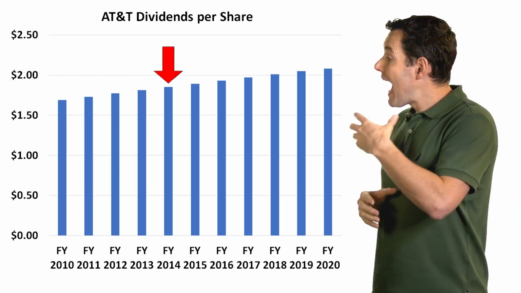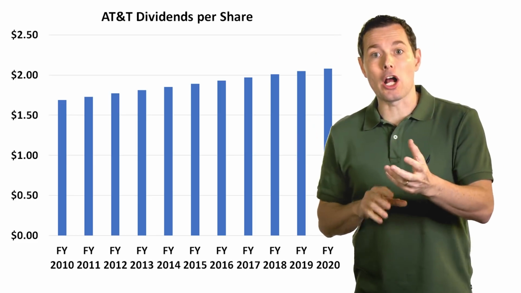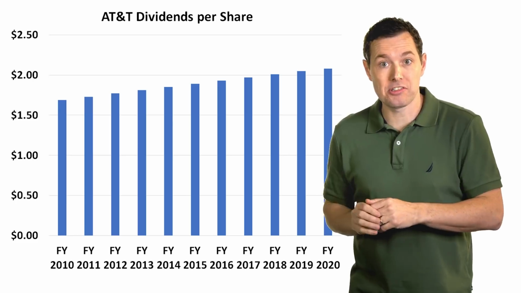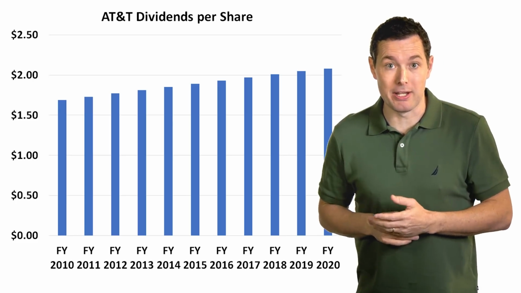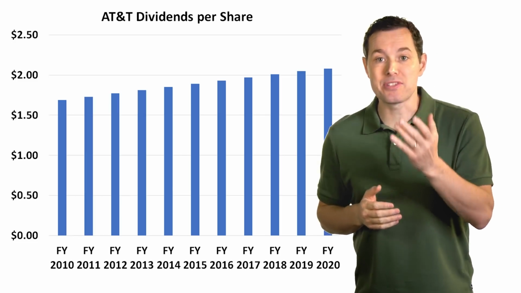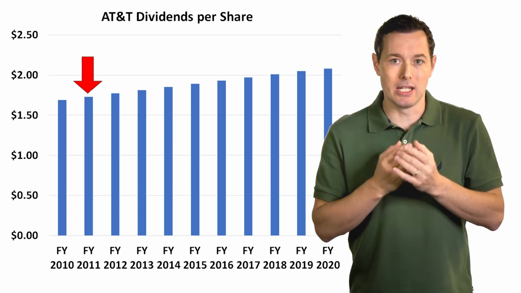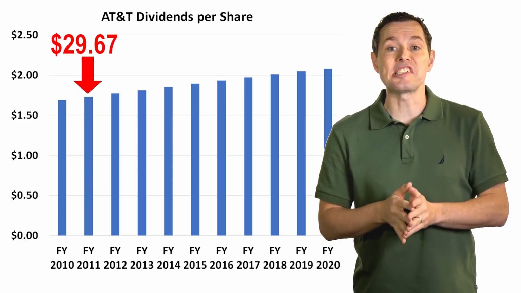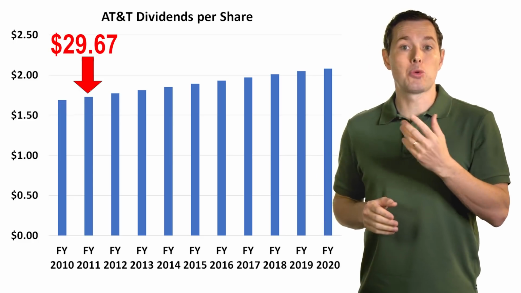Well, every year, as that stock kicks out a dividend, we gradually end up with more and more shares using a dividend reinvestment plan. So just to illustrate, let's imagine we bought our 100 shares about 10 years ago at the start of 2011. And at that time, AT&T stock was trading for $29.67.